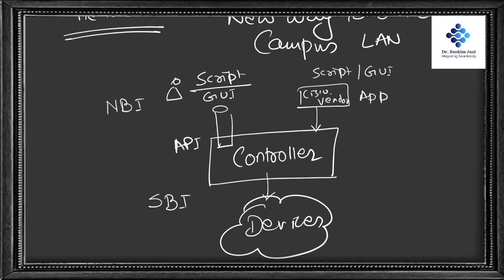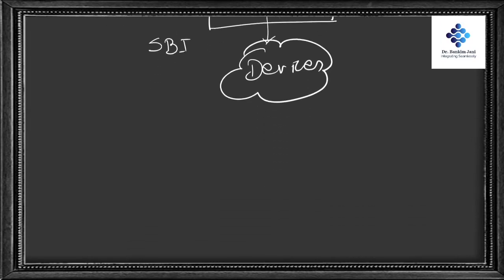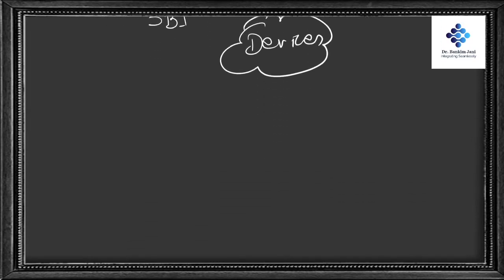Now let's dive deeper. When we talk about SBI, we know that SBI is talking about devices, either our current existing infrastructure, or something we want to add into our new networks.